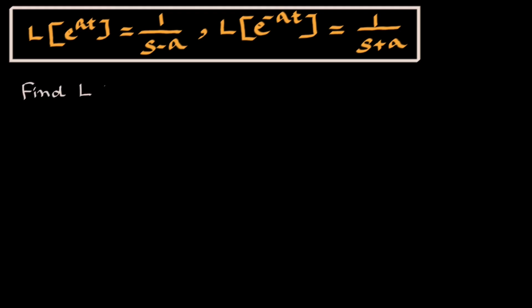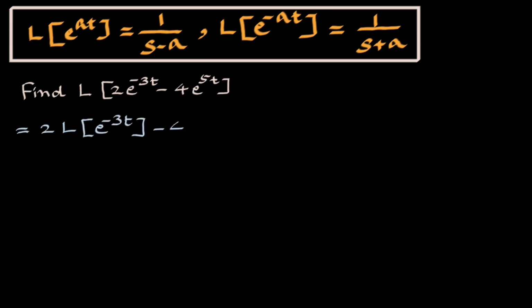Find Laplace transform of 2 e raised to minus 3t minus 4 e raised to 5t. This will be 2 Laplace transform of e raised to minus 3t minus 4 Laplace transform of e raised to 5t.